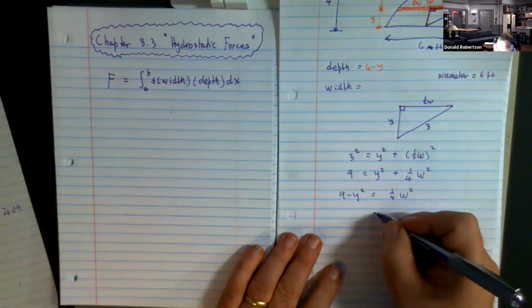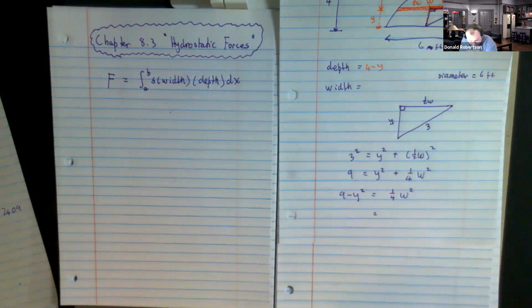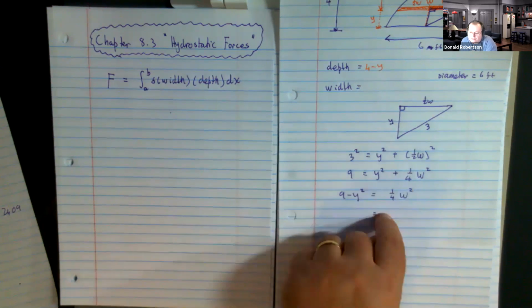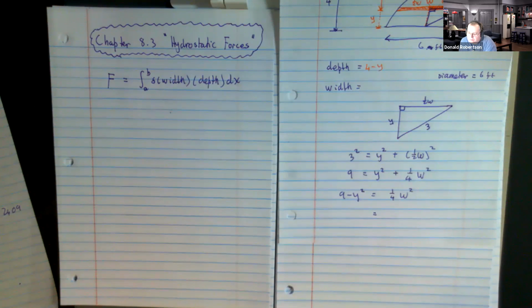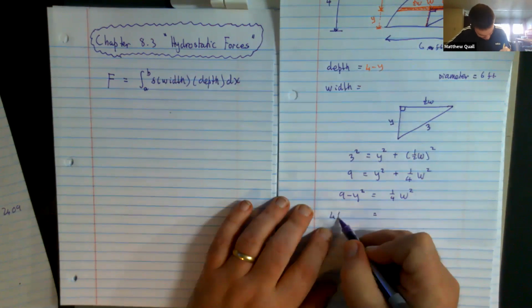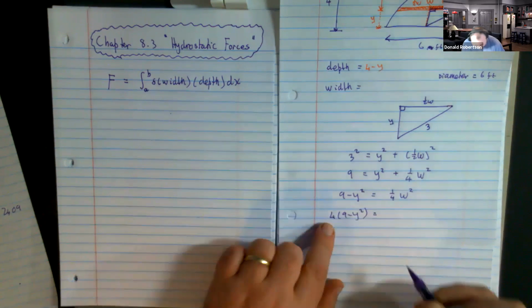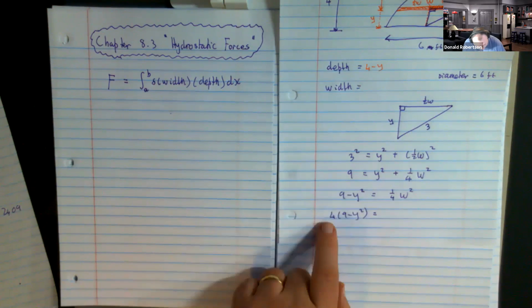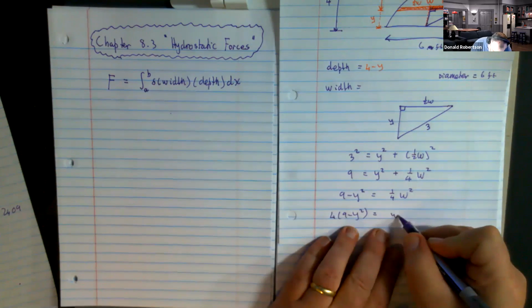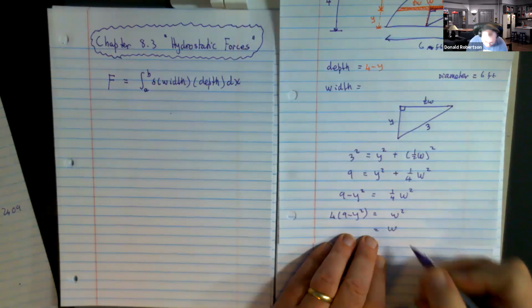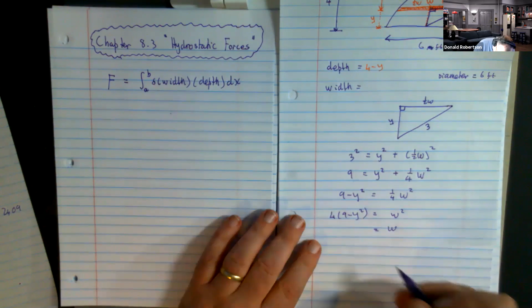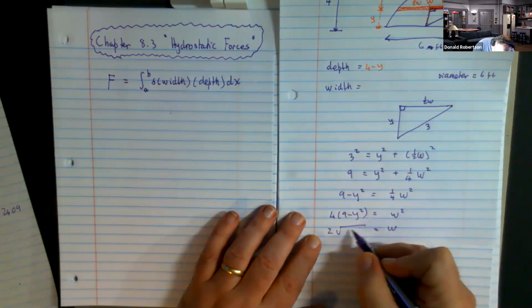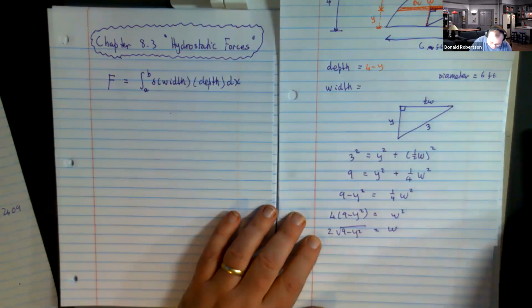Okay, what would I do for the next line? What would I do to both sides to get it a little bit simpler? Multiply it by 4. Okay. Now, normally I would actually do the multiplication. I would say 36 take away 4y squared, but I'm actually going to leave it like that. Because can't I now take the square root? And what do I get? I get 2 the square root of 9 take away y squared.